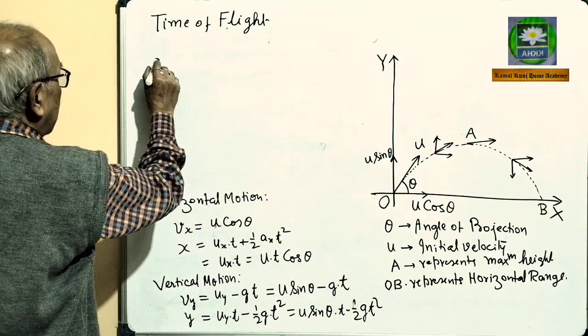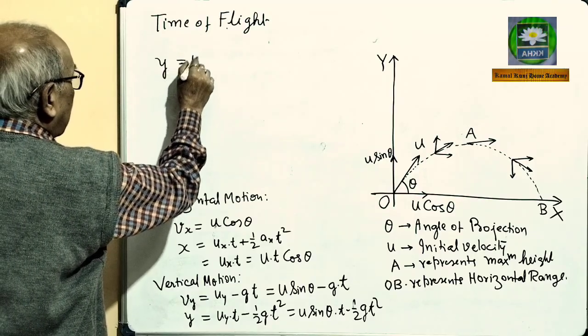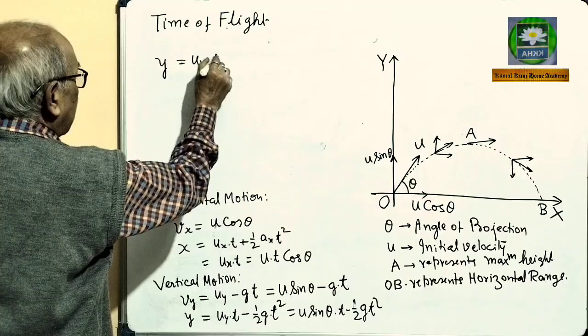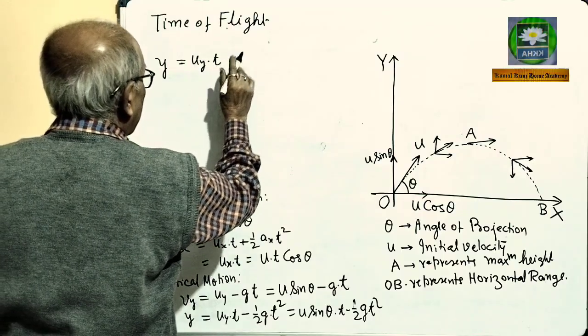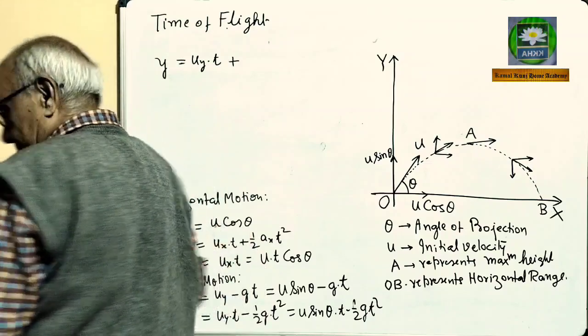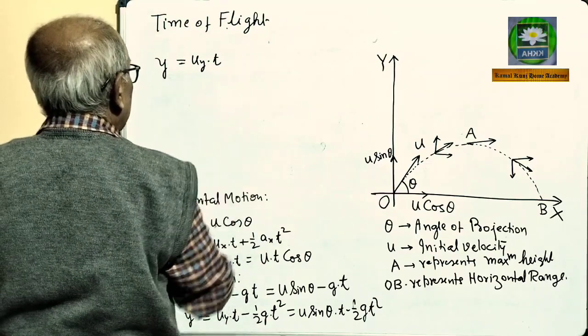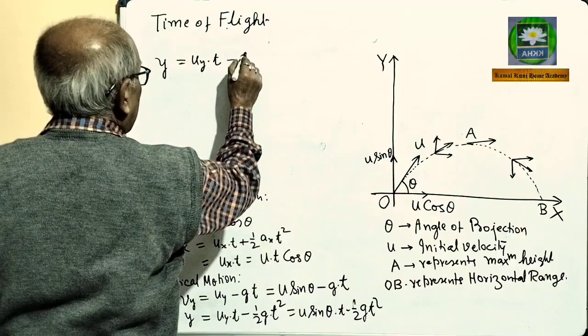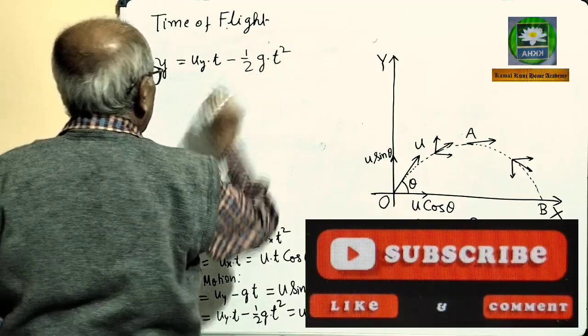So vertical displacement y is equal to uy into t minus half g into t square.